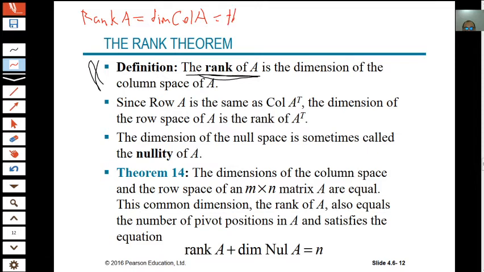So this is also equal to the number of pivot positions.